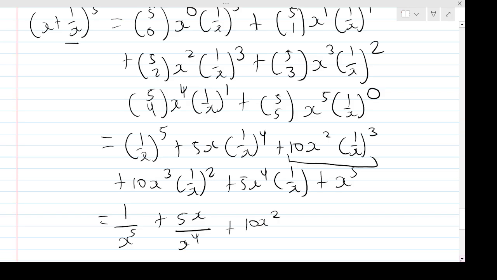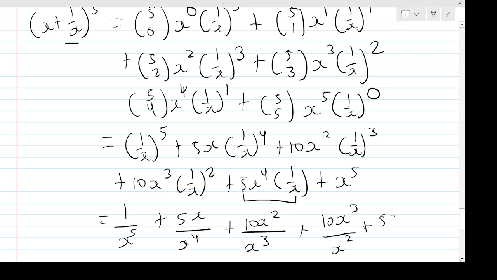Then 1 over x all cubed, well, that's just dividing it by x cubed, essentially, right? Then the next term here is 10x cubed times by 1 over x all squared. Well, that's just 10x cubed over x squared, right? And then the last, then this term here is 5x to the 4. And then that's just over x. And then lastly, we've got x to the 5.